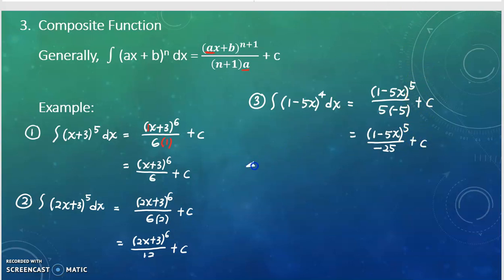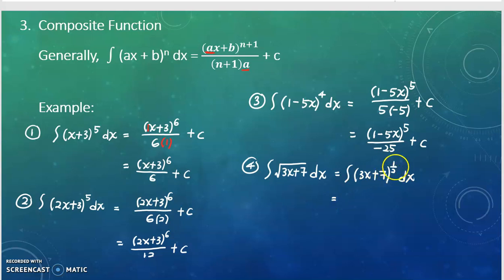Next, number 4. Let's say integrate the square root of 3x + 7 with respect to x. From the square root, again, I change it to the integration of (3x + 7) to the power of 1/2 with respect to x.